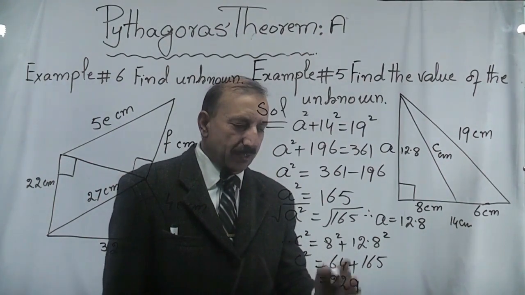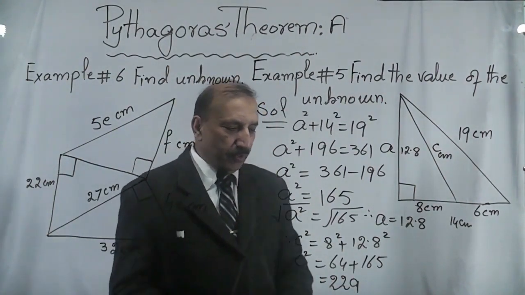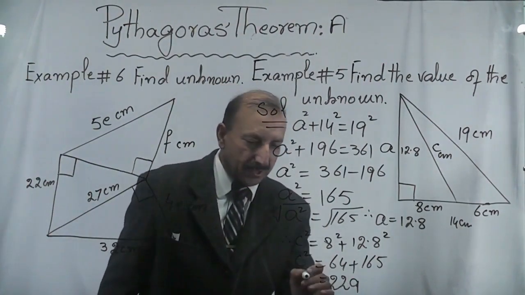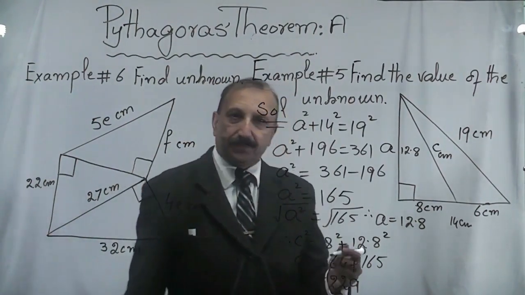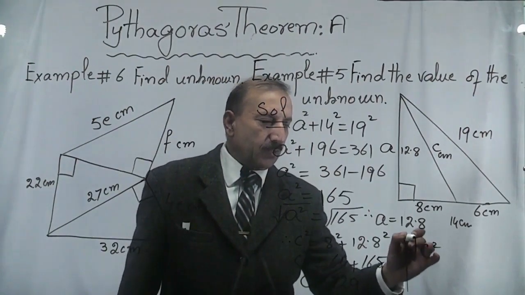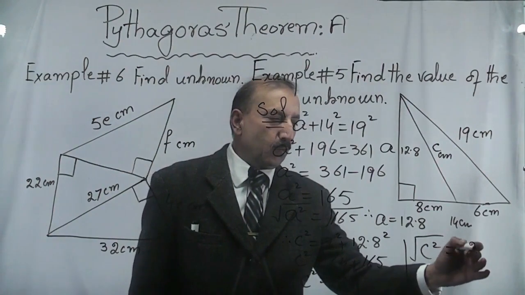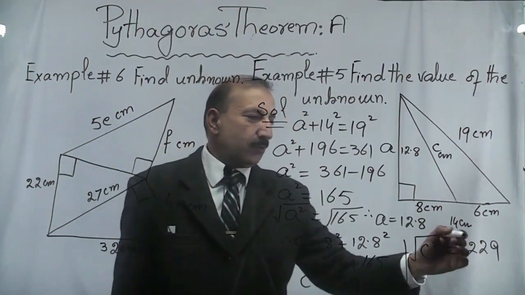This is 229 we got. And we will use its square root to get the answer of C. This is C square here. Taking the square root on both sides, here is 229 and its square root as well.